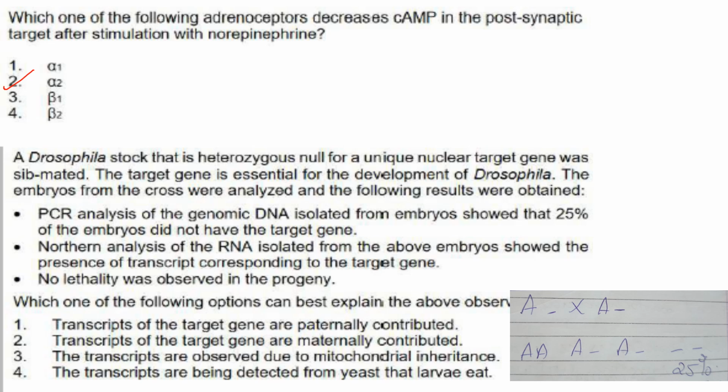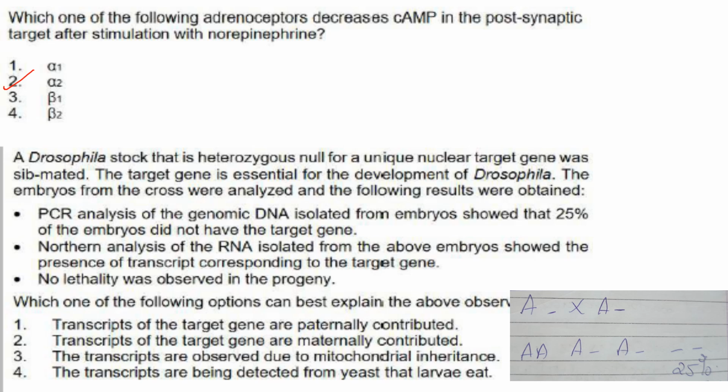What is maternal effect? The offspring's phenotype is influenced by the genes expressed in the mother's genome. That is maternal effect. And this is due to mother supplying the mRNA or proteins to the egg.